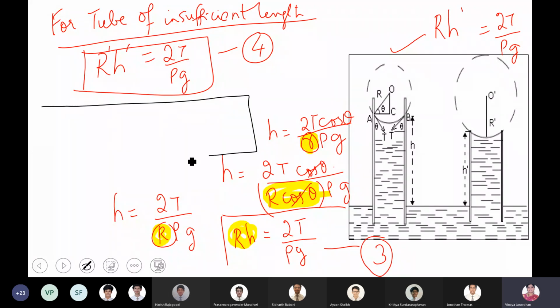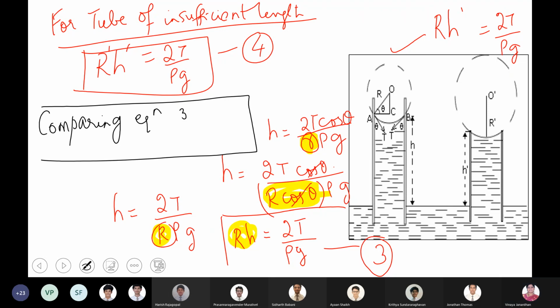Now compare equation 3 and 4. The right hand sides are the same, so the left hand side should also be the same. R into H must be equal to R dash H dash.